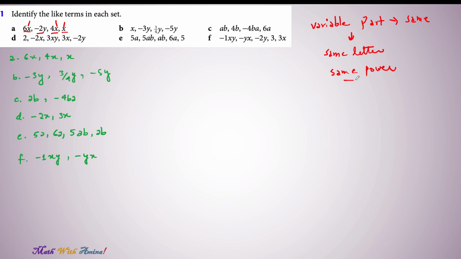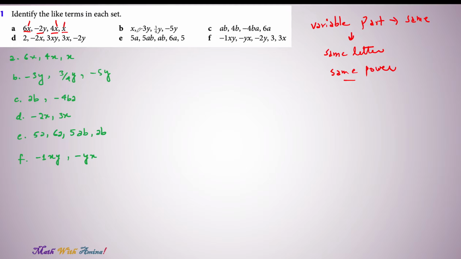If we look into the power, in 6x the power is 1, in 4x the power is 1, and in x also the power is 1. So these are the like terms. We look into the variable part, we don't look into the coefficient, that is the number written next to the variable. Here it is 6, here it is 4, and here there is no number, which means there is 1. So 6x, 4x and x are the like terms in the first set.